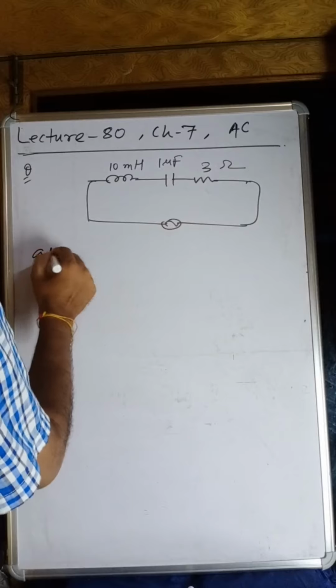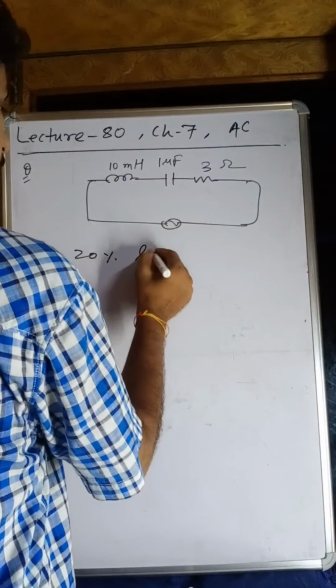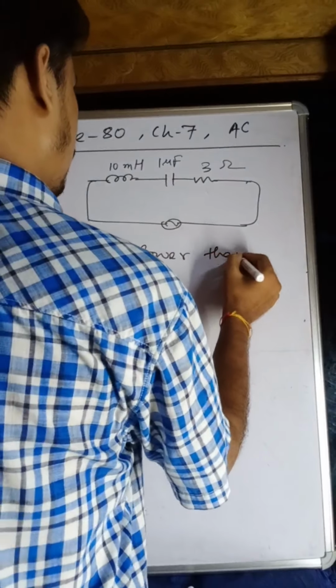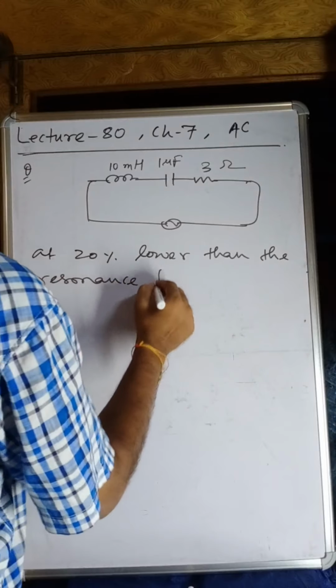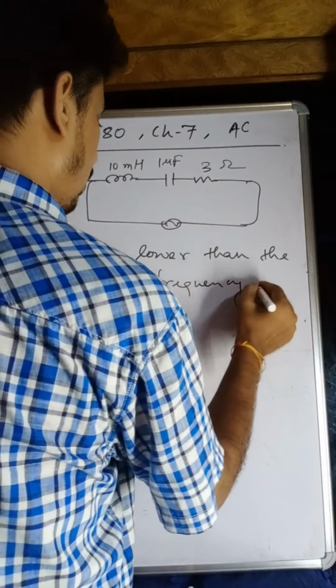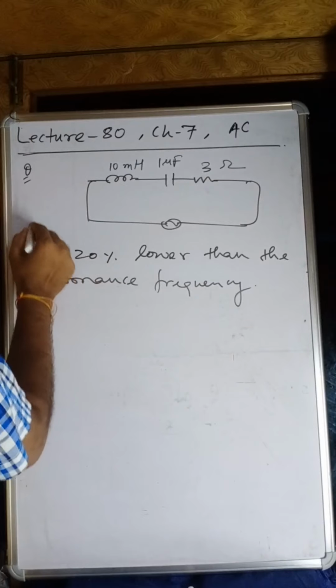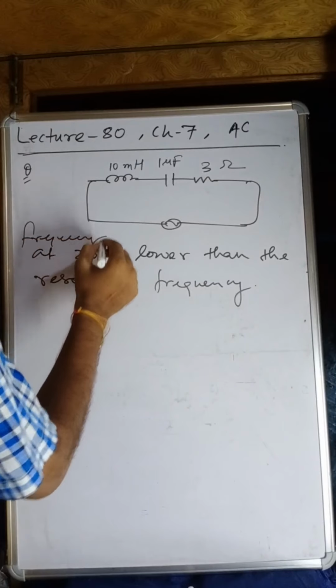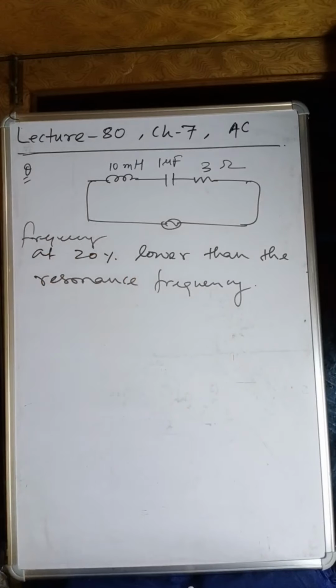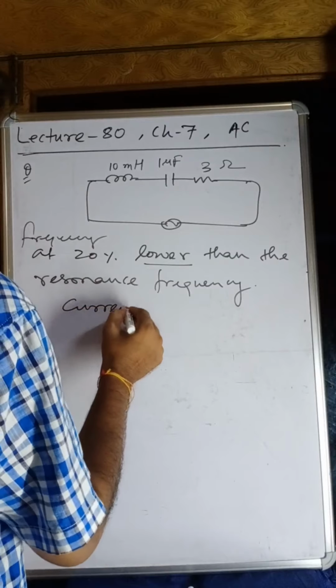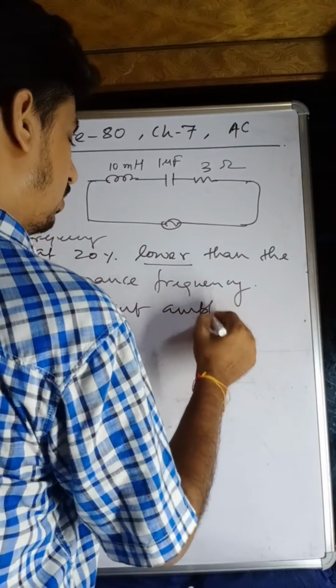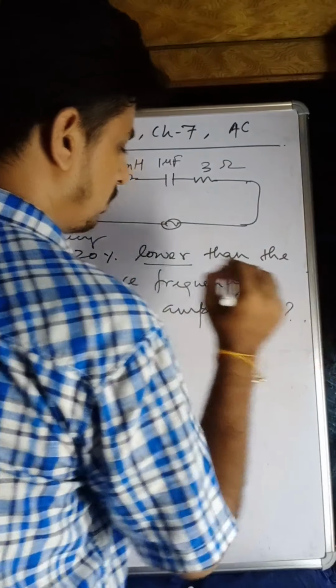Okay, 20% lower than the resonance frequency. What you have to find? The current amplitude.